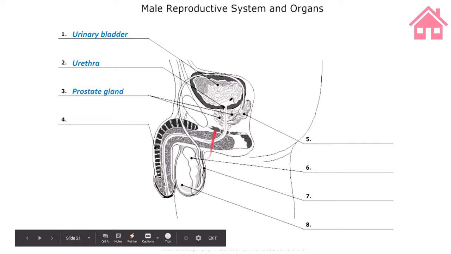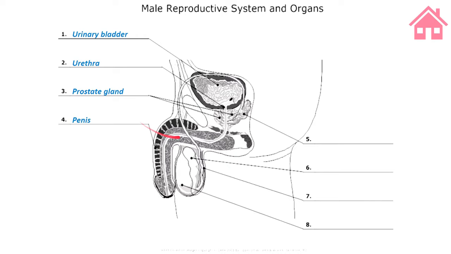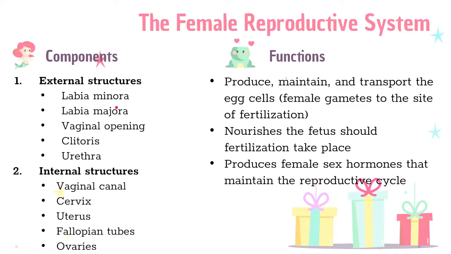Then prostate gland, just below the urinary bladder. Then you have your penis here. Then number 5 is the seminal vesicle. 6, epididymis. 7, vas deferens. And 8, testicles.